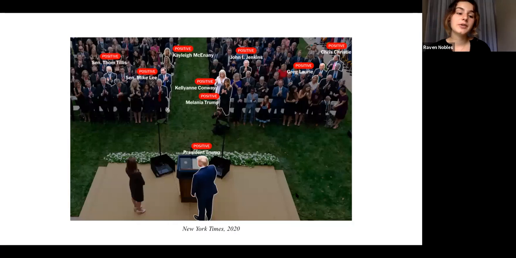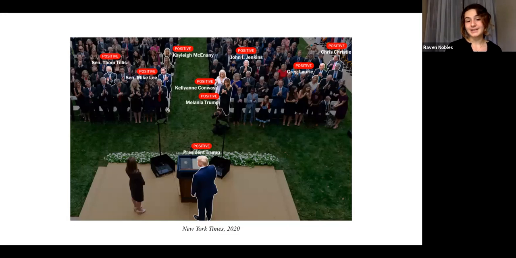This image shows one of the events that President Trump had while he was in office during the pandemic. This shows who tested positive after the event.